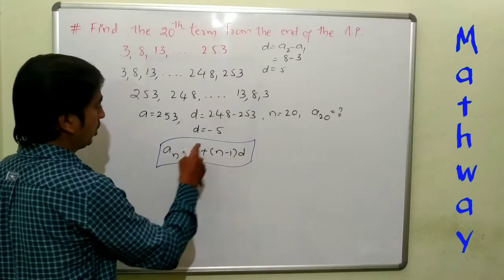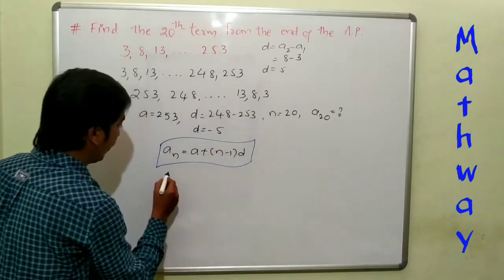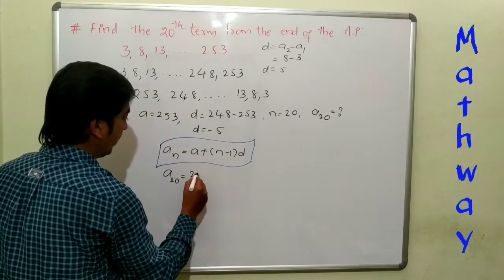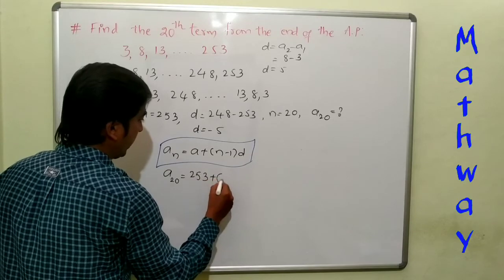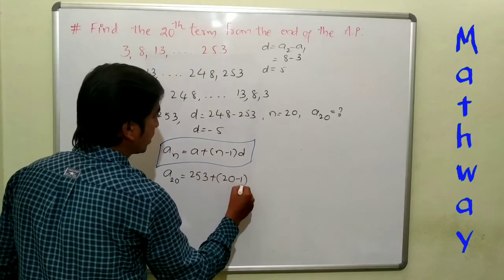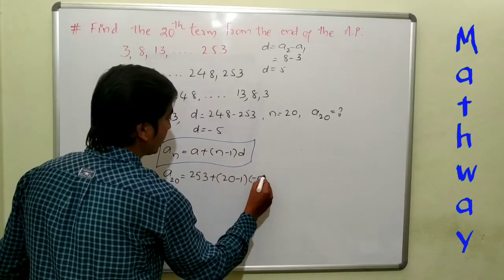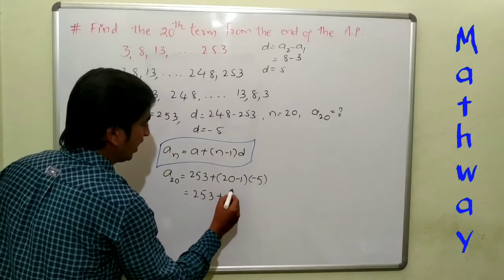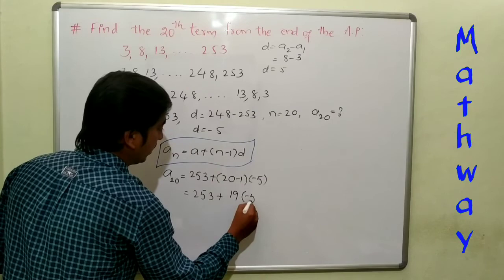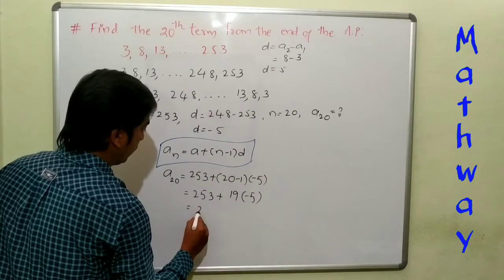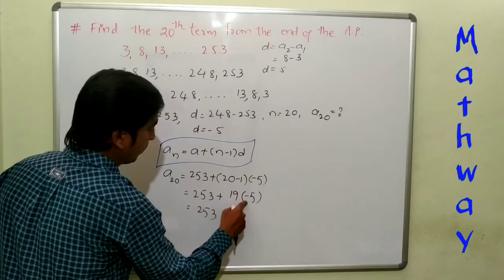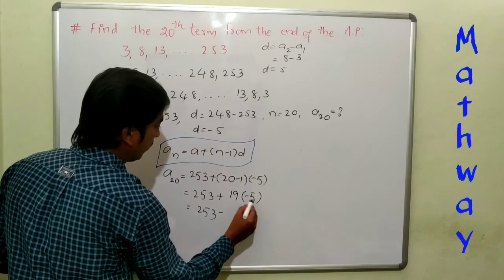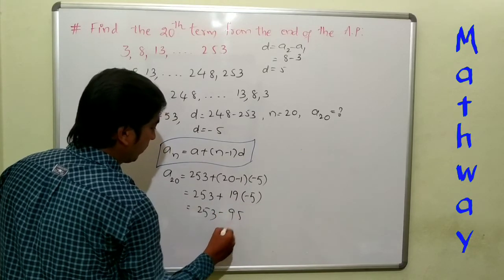Okay, now substitute all the values in this formula. An equals A, the first term, 253, plus n minus 1, meaning 20 minus 1, into D, the common difference, minus 5. So 253 plus 19 into minus 5. 253 plus, into minus, 19 5s: 5 9s are 45, 5 1s are 5, 5 plus 4 is 9, so 95.